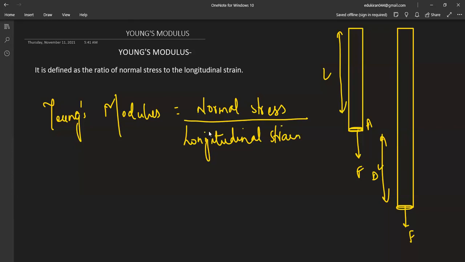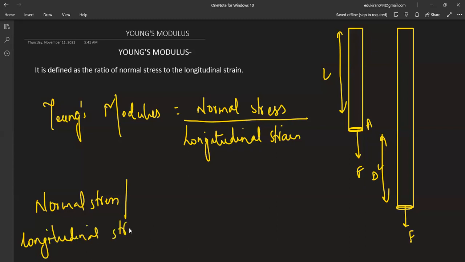Now, what is the formula for normal stress? Normal stress, you can say, or longitudinal stress. Remember, two terms I told you. Longitudinal stress or normal stress, both are same. So what was the formula of stress? Force per unit area. So the deforming force is F and the area of cross section is A. This will be the formula of normal stress.